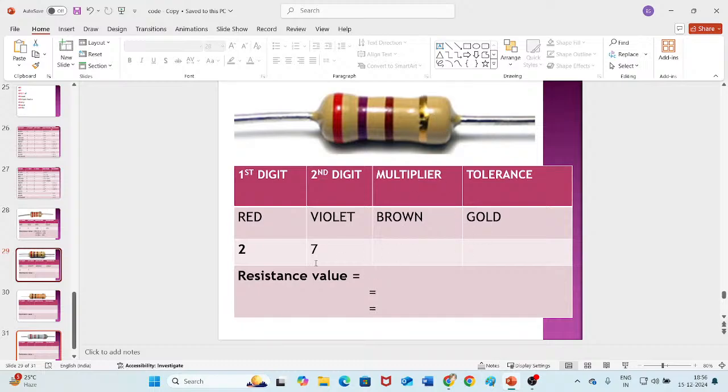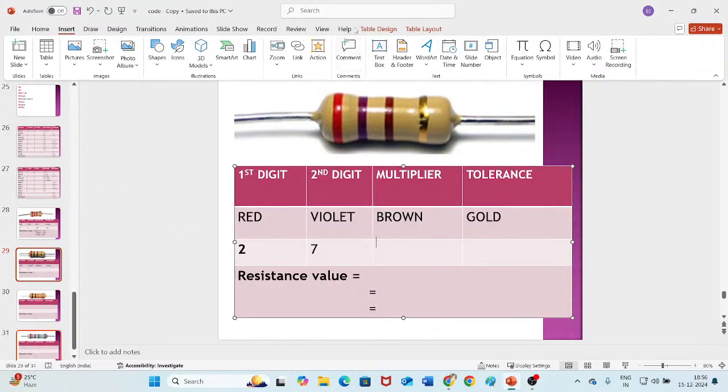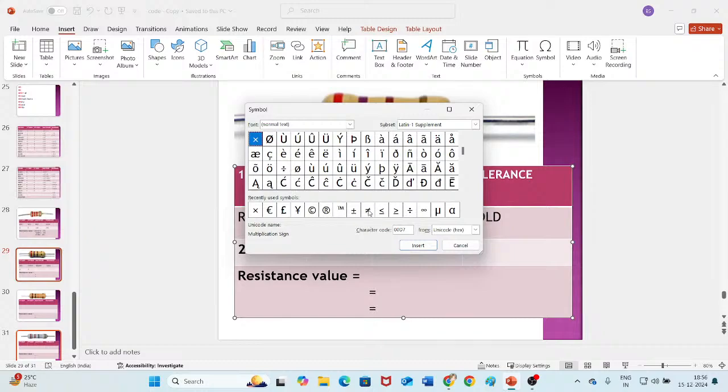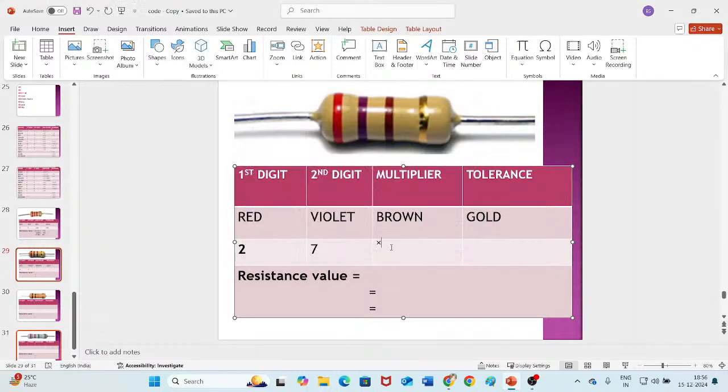I have written here red value is 2, violet is 7. Brown is our multiplier, so I have to take the multiplication symbol.